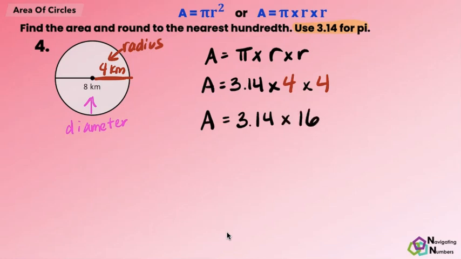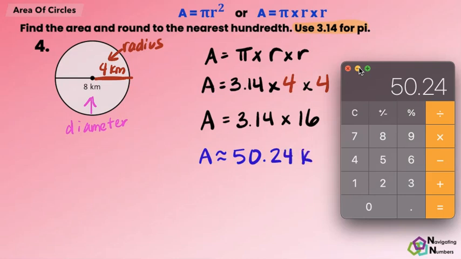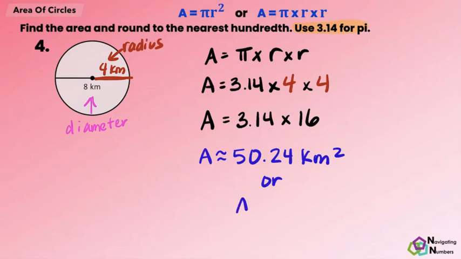So 3.14 times 16. Let's plug that in. So we have area is approximately 50.24 kilometers squared. Or if we wanted it in terms of pi, we have area equals 16 pi.